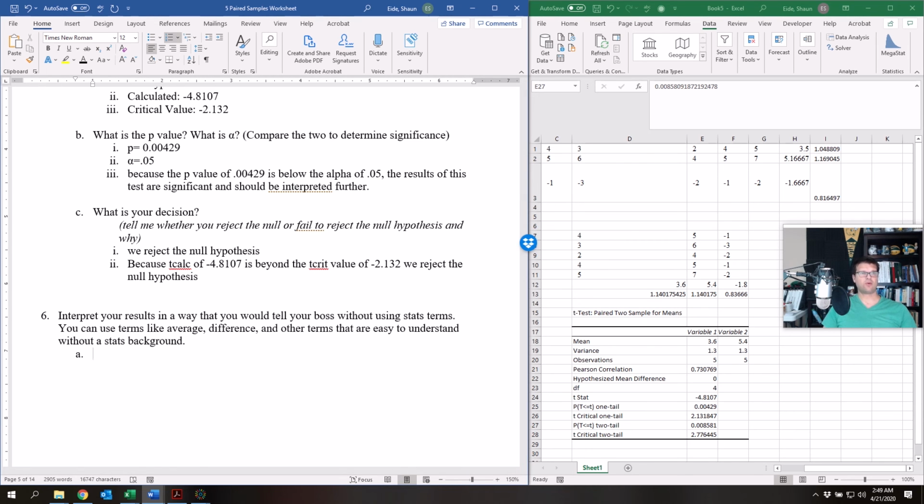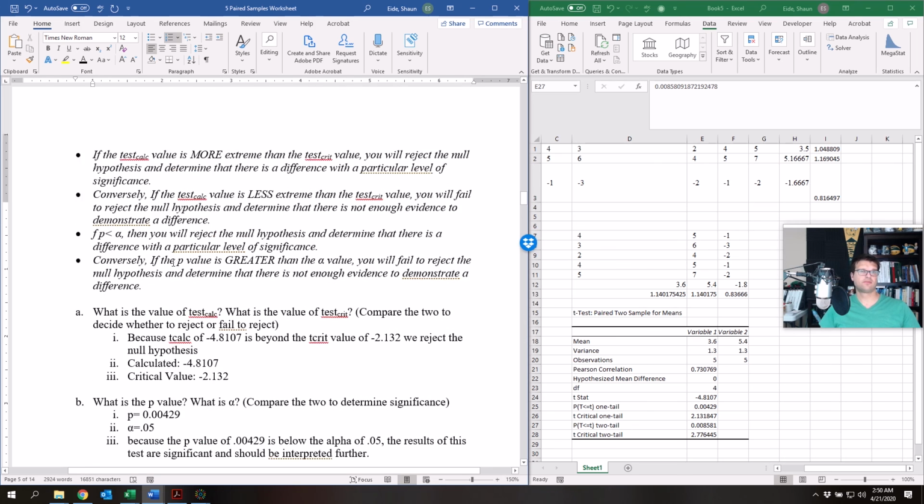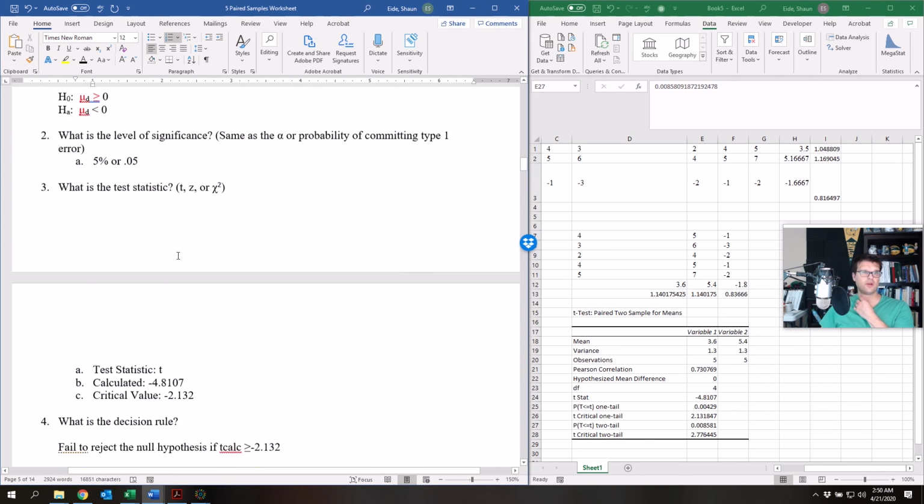And so what we would tell our boss is the average difference from before to after in the amount of times students are able to juggle balls is, what is the difference?